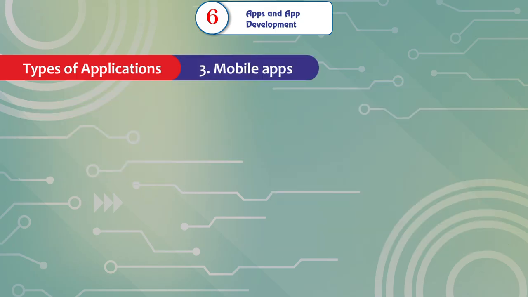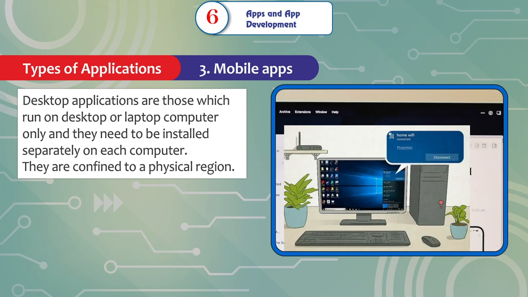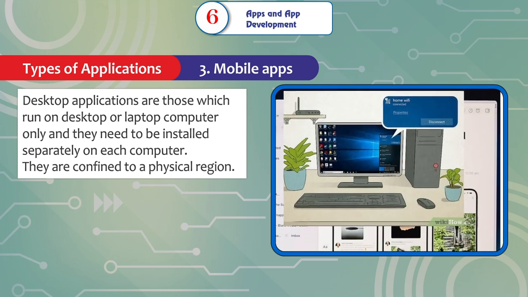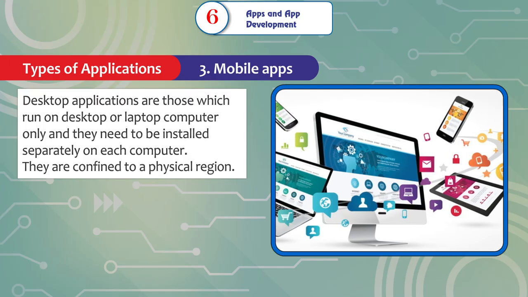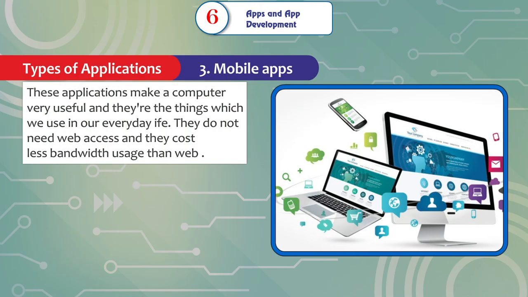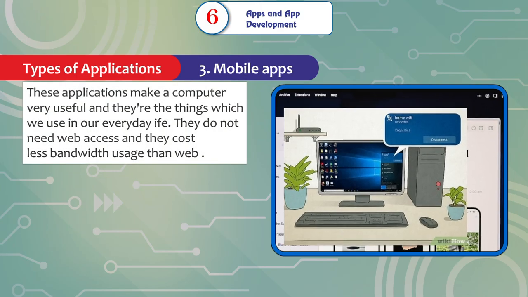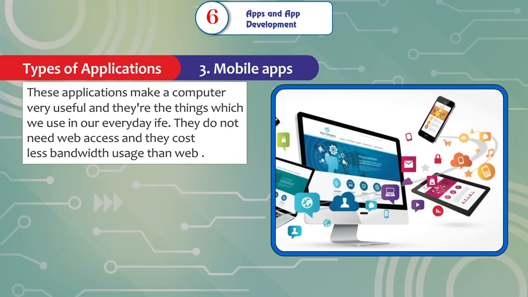2. Desktop apps. Desktop applications are those which run on desktop or laptop computer only, and they need to be installed separately on each computer. They are confined to a physical region. These applications make a computer very useful, and they're the things which we use in our everyday life.